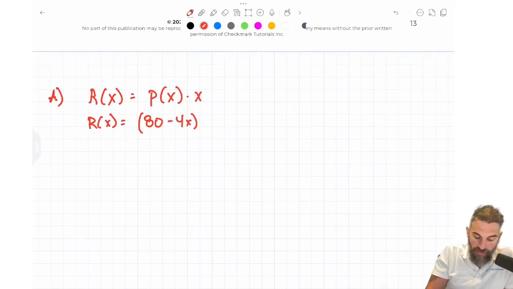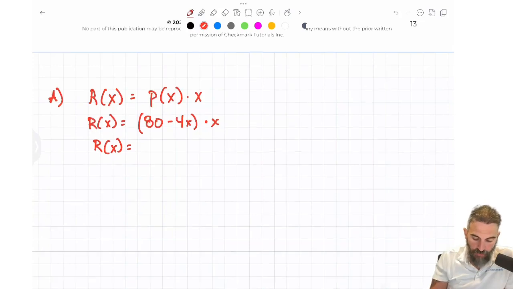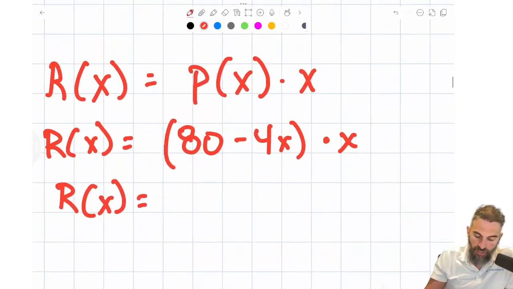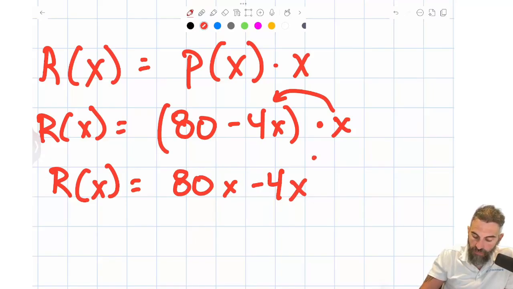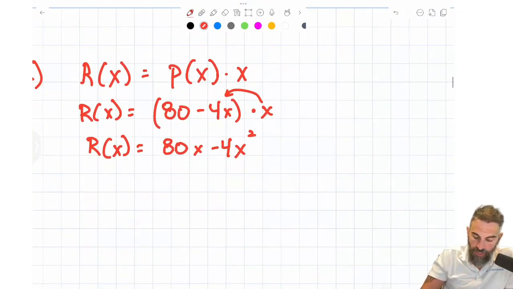That times quantity, your revenue becomes a quadratic function, and that's what gives it that parabola shape. Let's distribute our x. x times 80 would be 80x. x times negative 4x would be negative 4x squared. We can rearrange this to put it in order: minus 4x squared plus 80x. Okay, good.